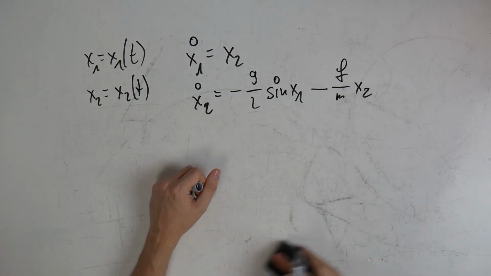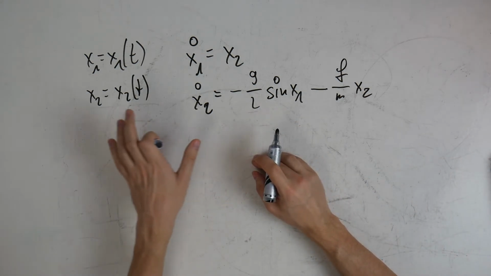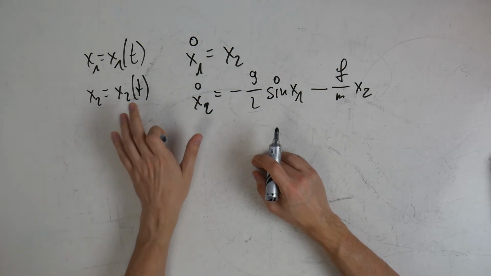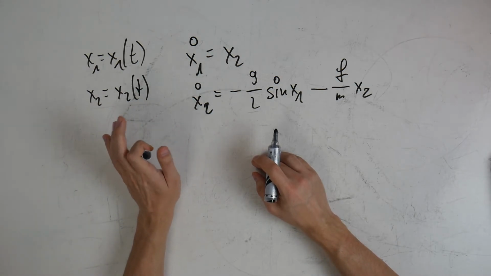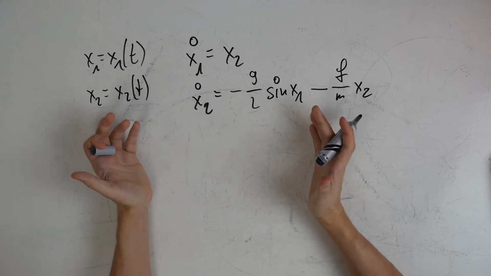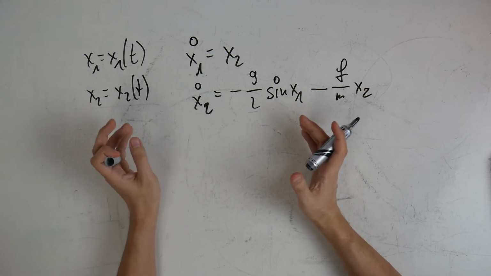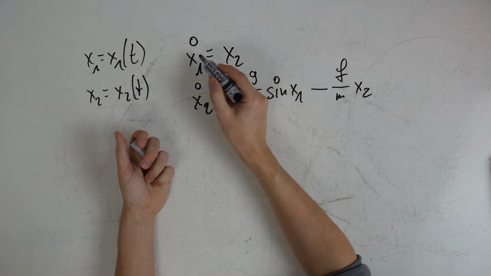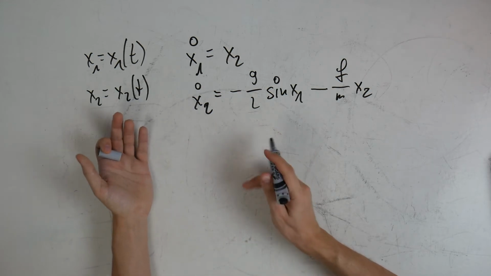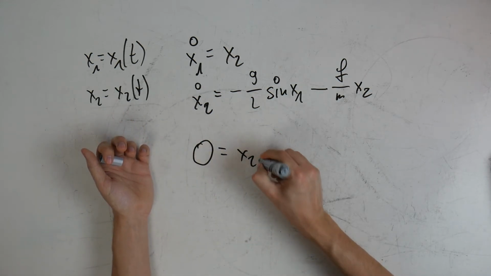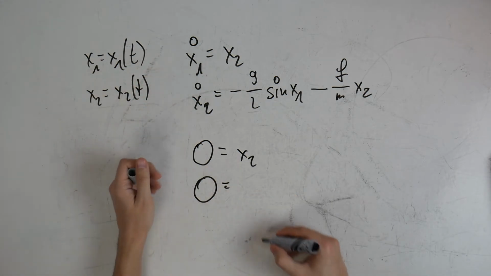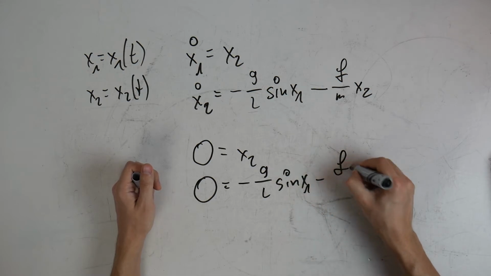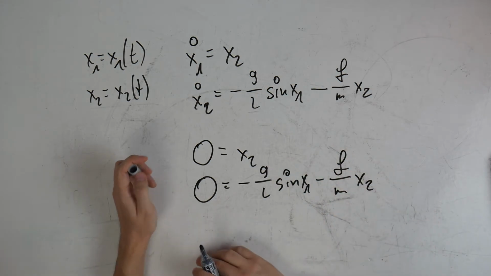So x2 also depends on time. I need to freeze those states, the position and velocity. If I freeze them, this means they no longer have a derivative. They are no longer changing over time, so the derivatives are automatically 0. So everything on this side will be 0. And now you get a funny piece of information.